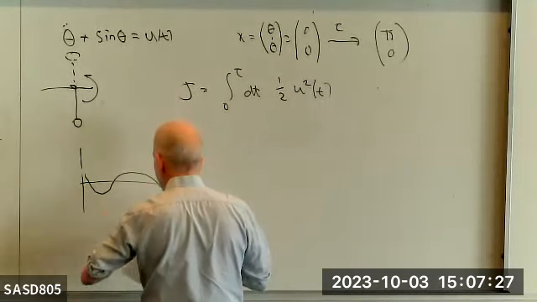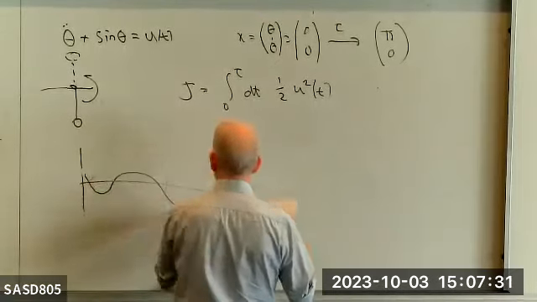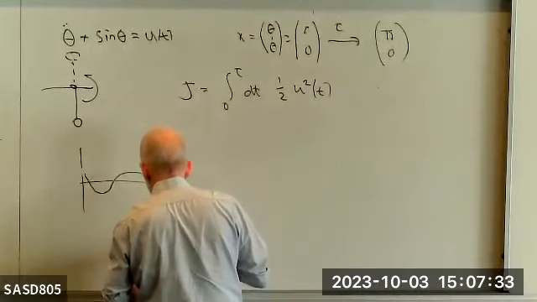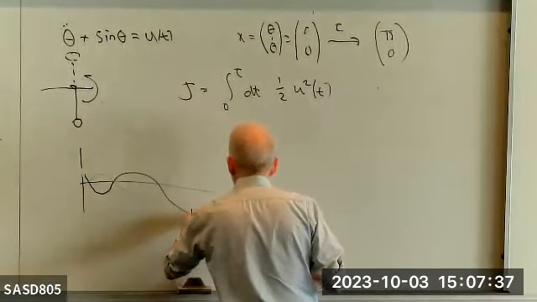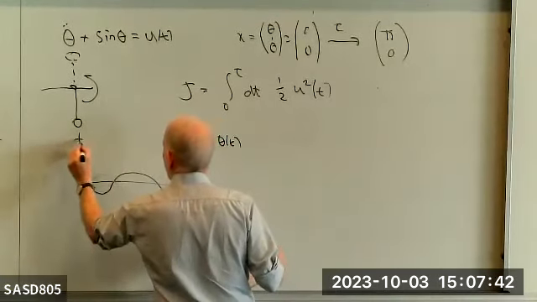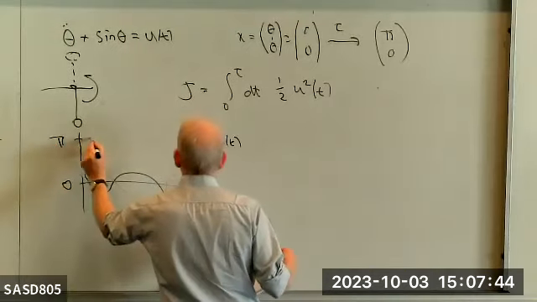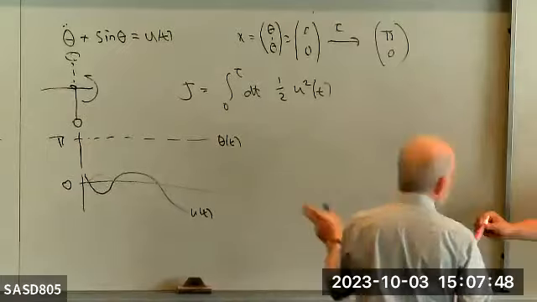And then, let's see if I get this right. Something like this. So this is u of t, and this is theta of t. This is pi. Okay. I'm not going to use so much red.